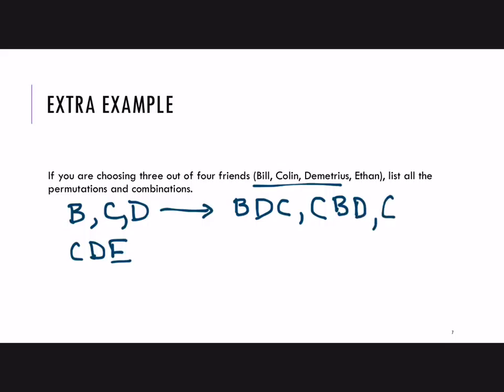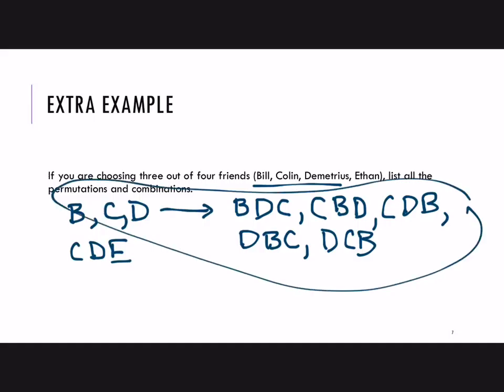Okay, 2 ways for Colin to be chosen first. And also Demetrius could have been chosen first. Okay, so try that and see if you can list out all of the different possible permutations.